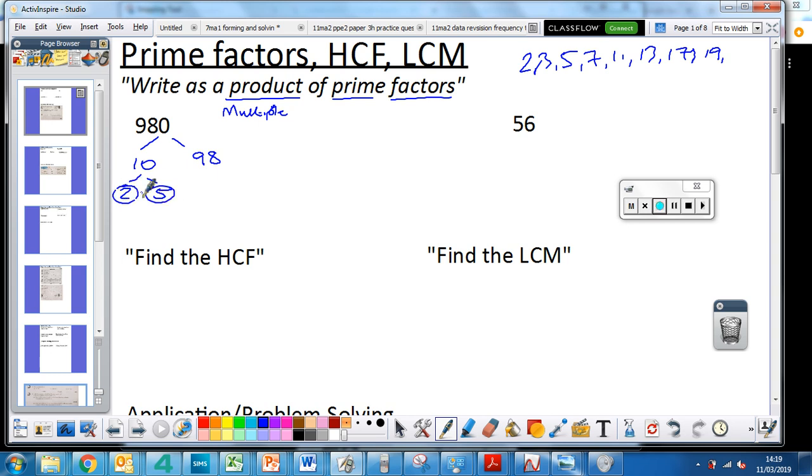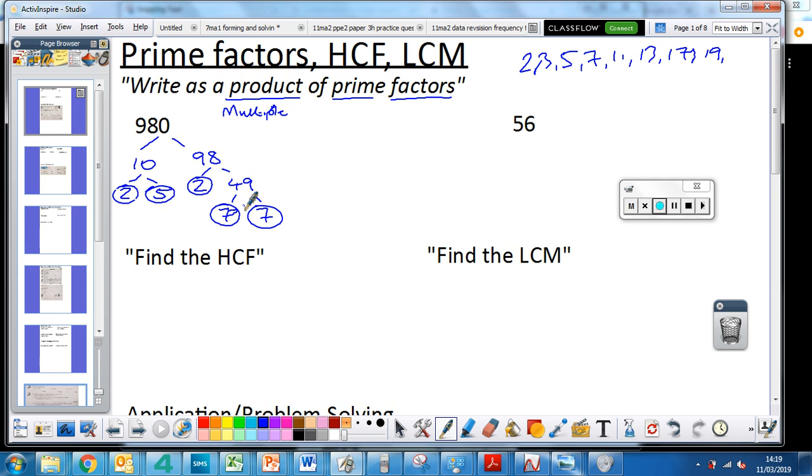So now we have 2 times 5. Over on the 98, we're going to need to jump in and say that that's 2 lots of 49. And 49 we should spot straight away as 7 times 7. Now that's the technique where you break it down into factors looking for primes.